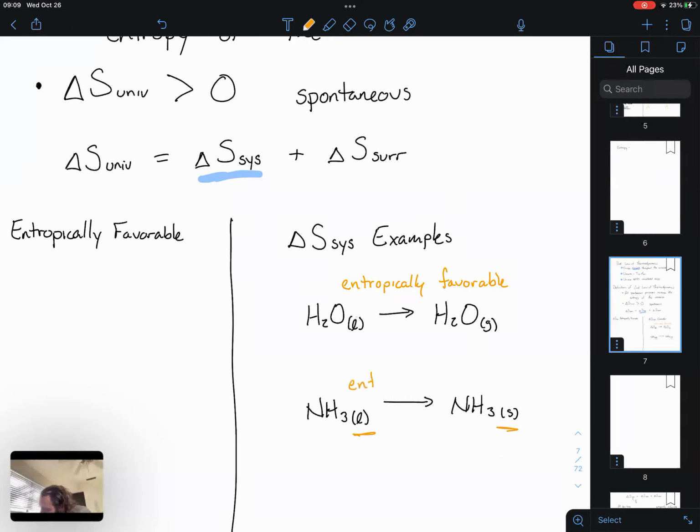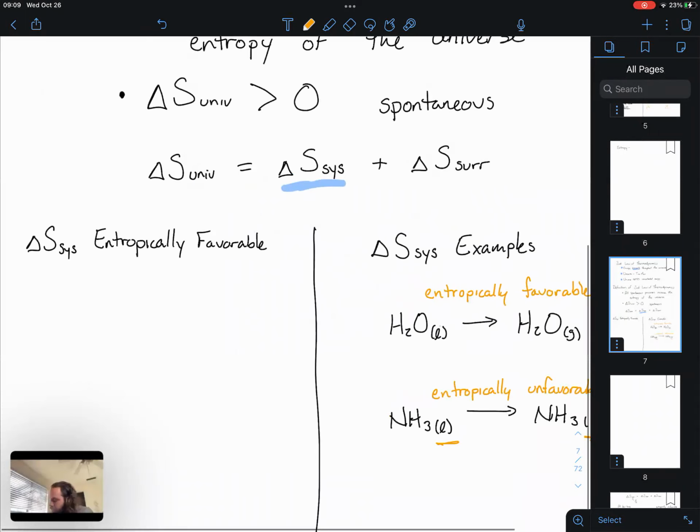So this would be an entropically unfavorable event. Okay, so keeping a list here: gases are more entropically favorable than liquids, more than solids, right? So that state of matter is going to influence the entropic favorability of a process.